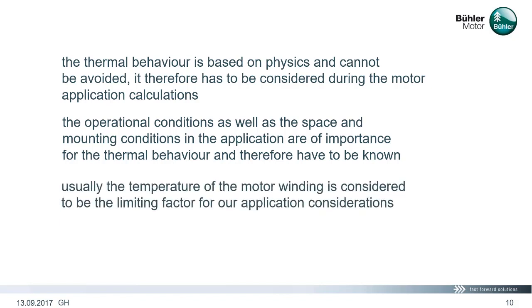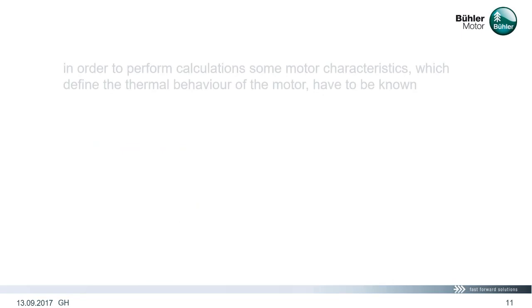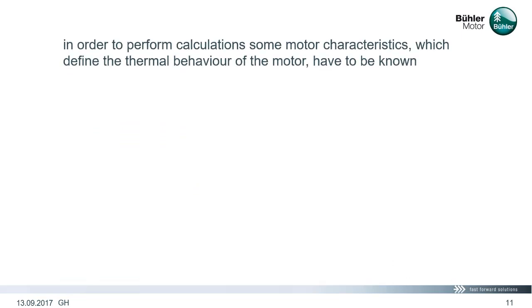Usually the temperature of the motor winding is considered to be the limiting factor for our application considerations. To be on the safe side, the limit for the winding temperature should be 150 degrees C. If we now want to do calculations on the motor behavior at certain temperatures, some motor characteristics have to be known.